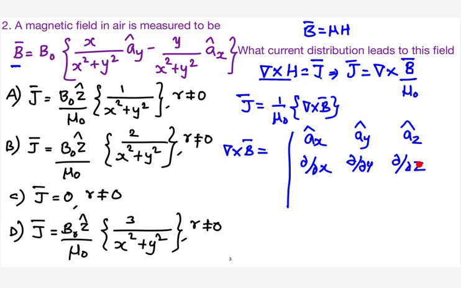What is the coefficient of Ax here? That will be minus y by x square plus y square. And the y coefficient will be x by x square plus y square. And there is no z coefficient. So you can simplify and tell me the answer.